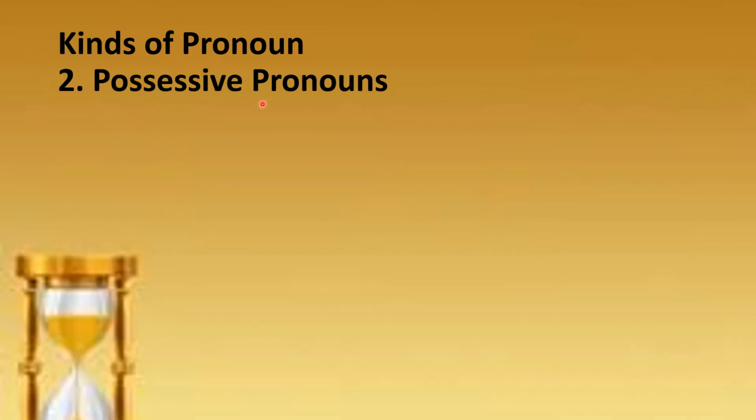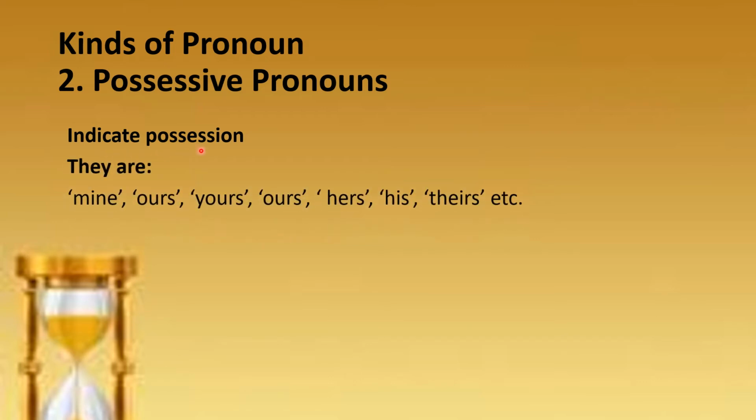Let's talk about possessive pronouns. The possessive pronouns indicate possession or ownership. They are mine, ours, yours, hers, his, theirs, etc. You can use them in a sentence like this. This bag is mine.